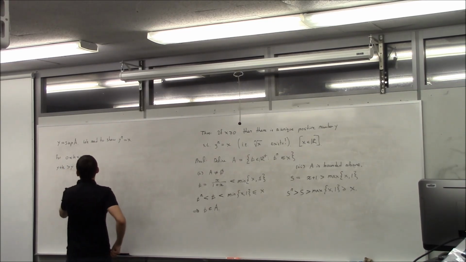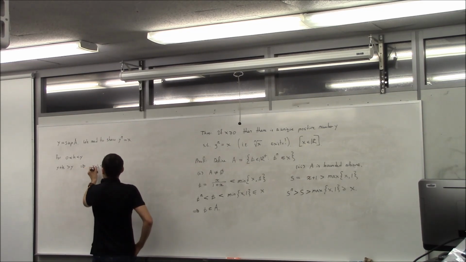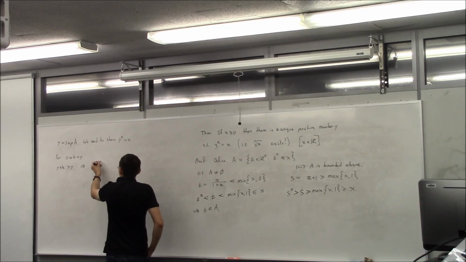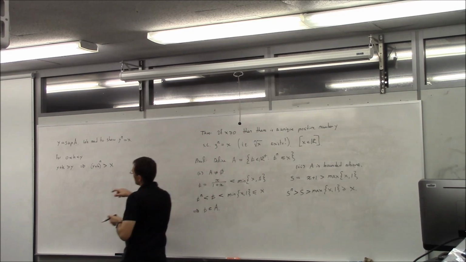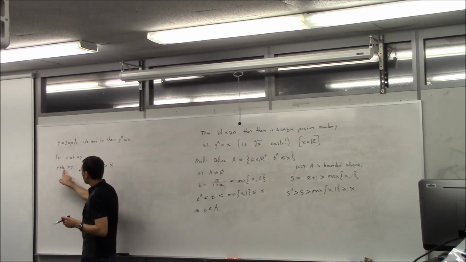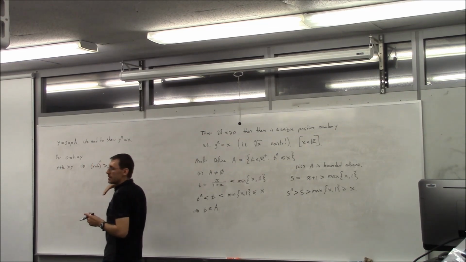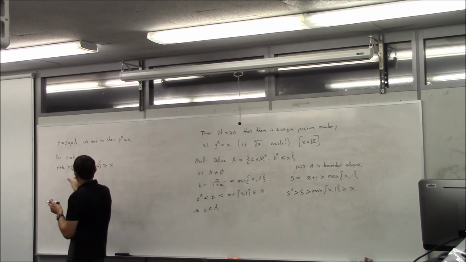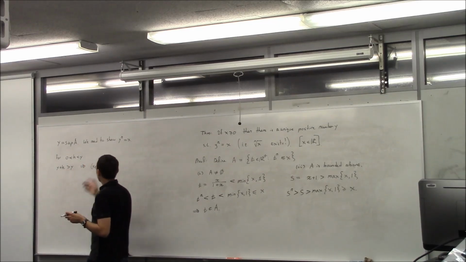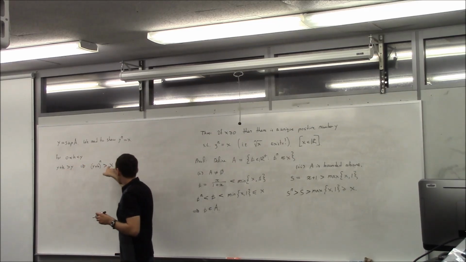I should say that y plus h to the n will have to be bigger than x. Because y is an upper bound, y plus h is another upper bound. So what are the upper bounds of the set A? The numbers whose nth power is bigger than x.